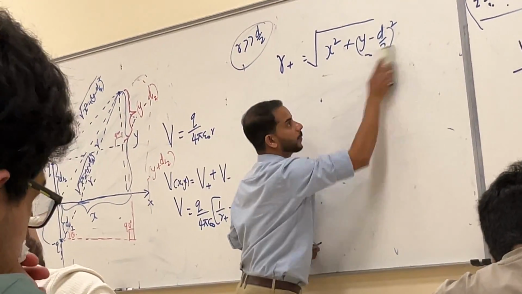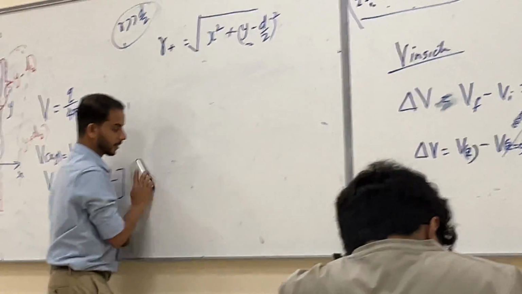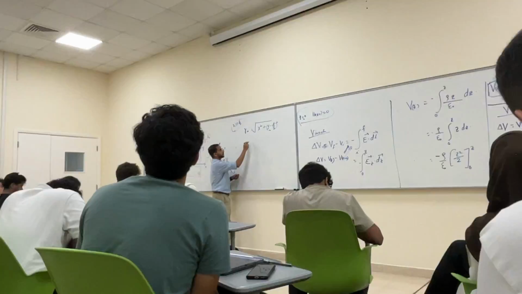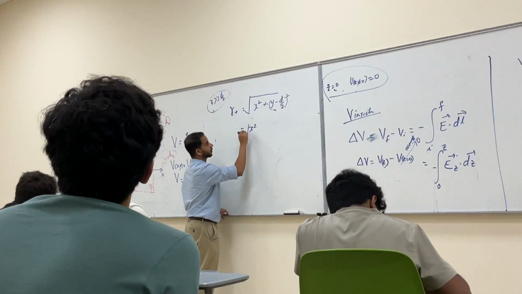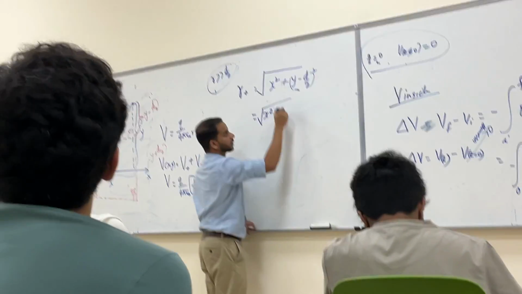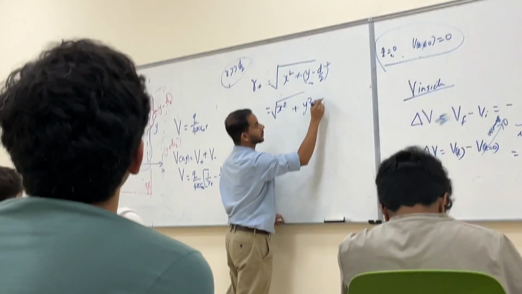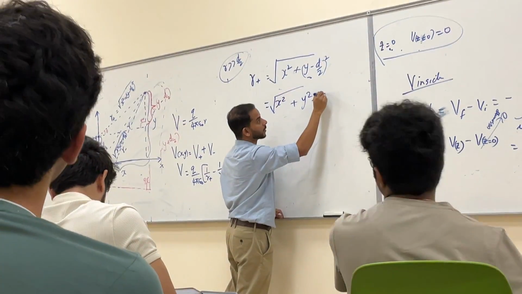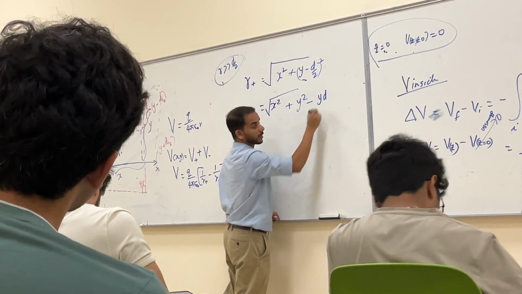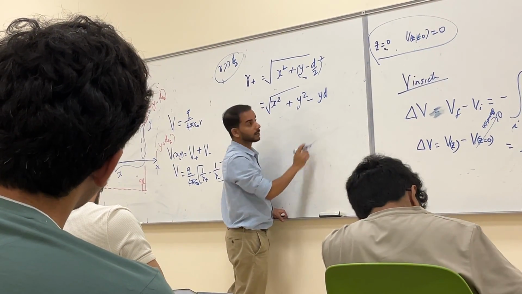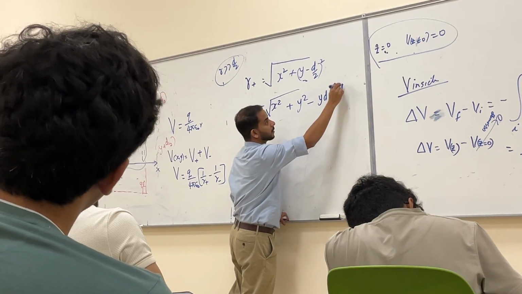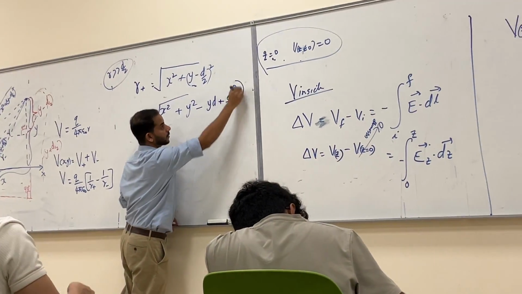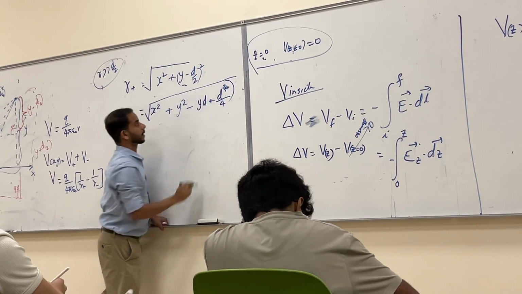Let's see this part first. I'll ask you to do the R minus. That should be a reasonable thing to do. So let's find x squared plus, I expand this one, y squared minus 2 into d by 2 y, right? So what will this be? Minus y d, right? Plus d squared over 4, right?